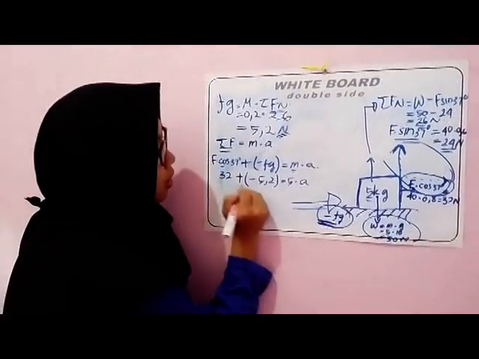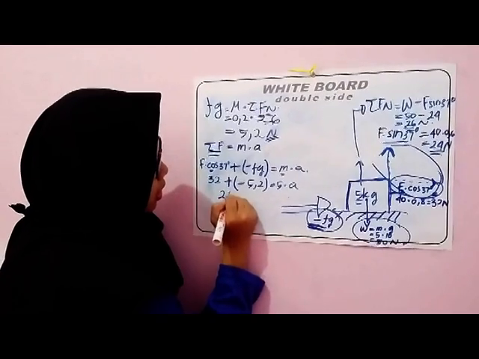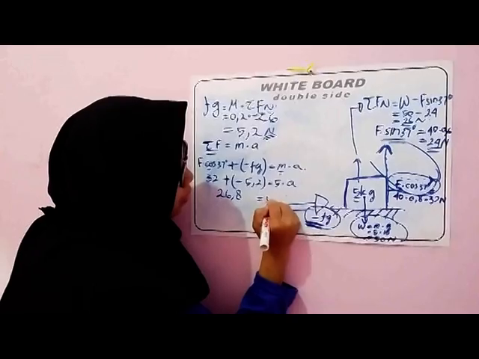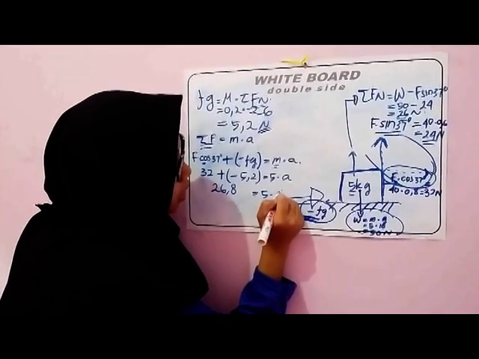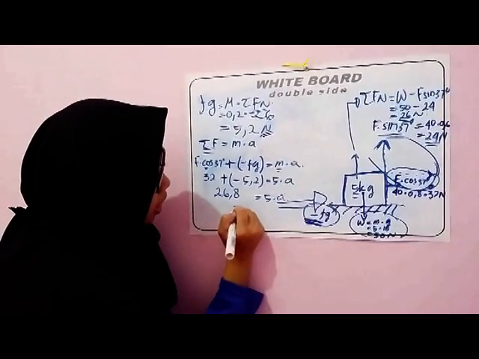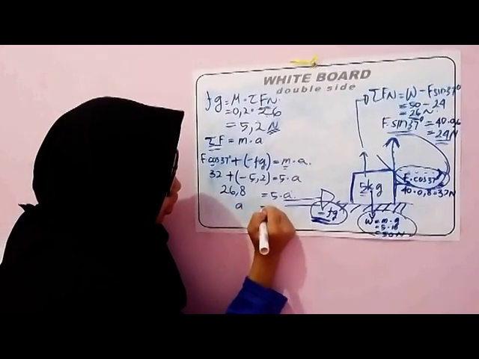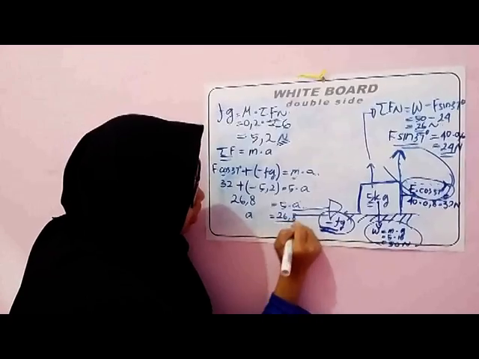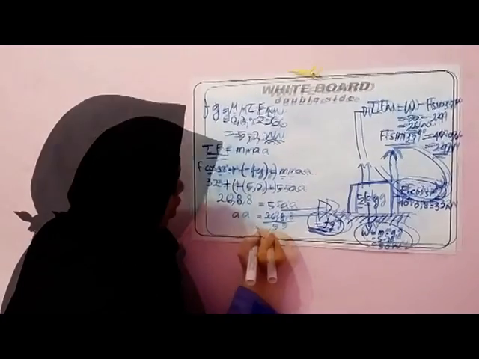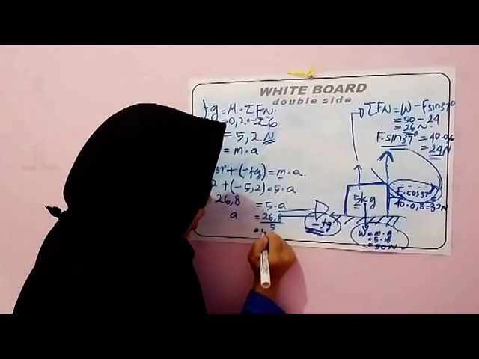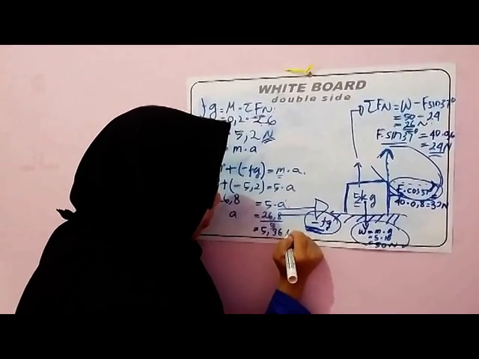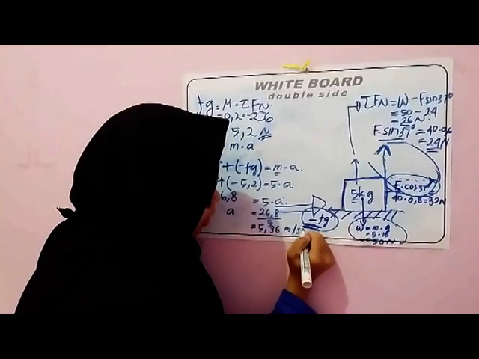So 26.8 is equal to 5 times acceleration, and the acceleration is 26.8 divided by 5. And the acceleration is 5.36 meter per second squared.